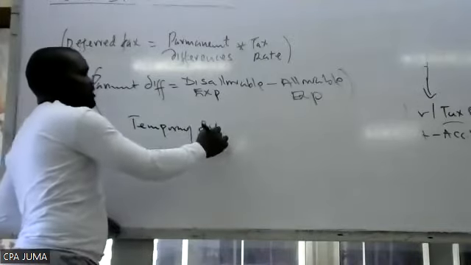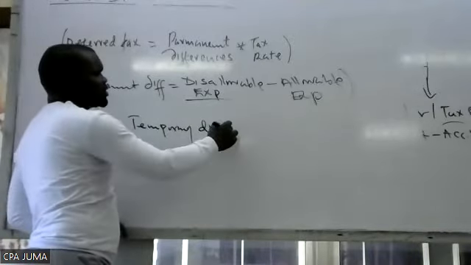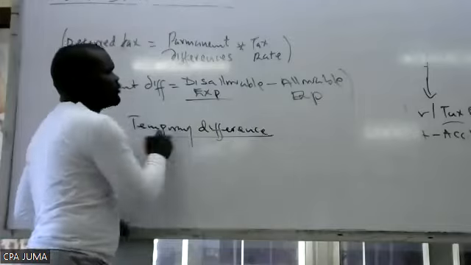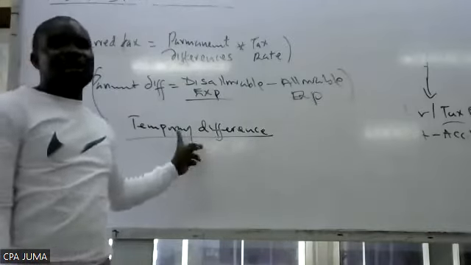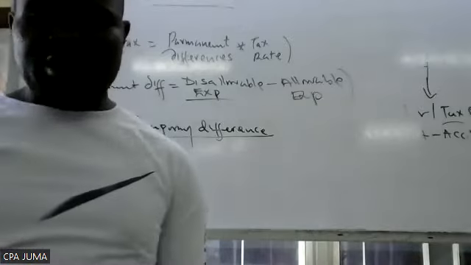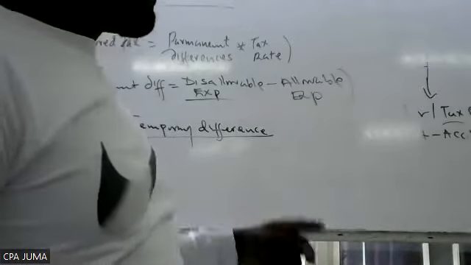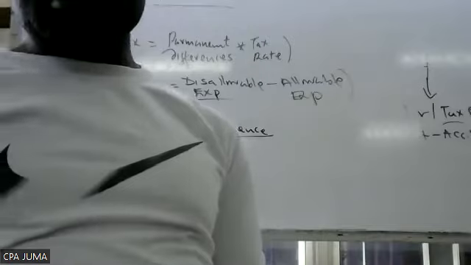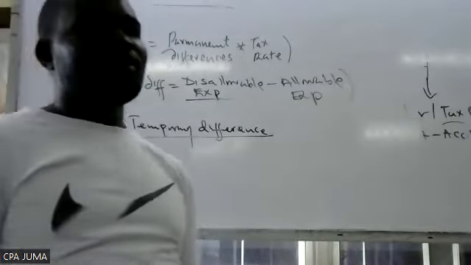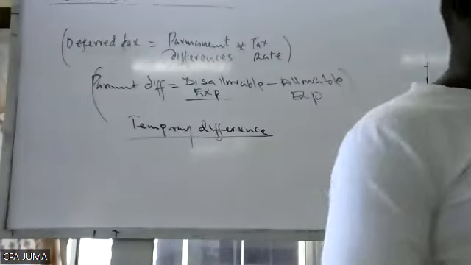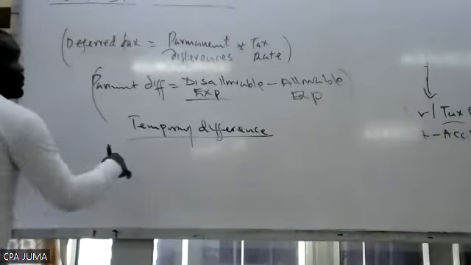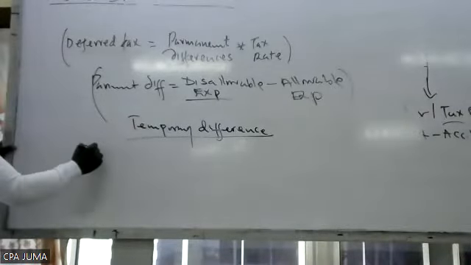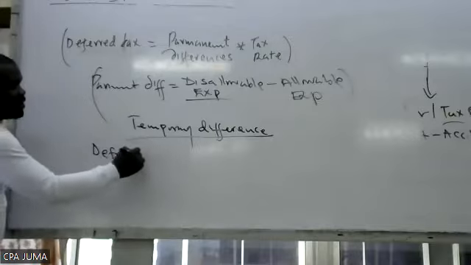So let's go to temporary differences. This one is not highly used because it is based on profit account. Profit keeps on fluctuating. This is based on the balance sheet, on the assets and liabilities. It's the one which is highly recommended. Under temporary differences, we have already defined them, so there is no need to go back to definition. You just say deferred tax.